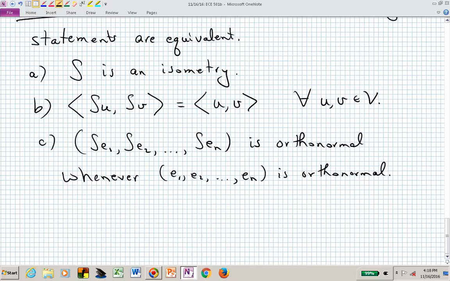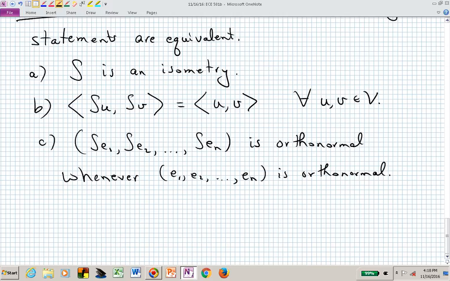Hopefully you can see that one falling out from statement B. You know what happens when you take the inner product of any of these E's with each other. If the subscripts are different, you have a zero inner product. If the subscripts are the same, what's the value of the inner product? The inner product of E1 with E1 is 1.